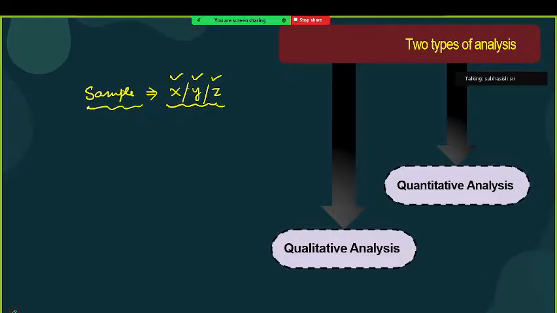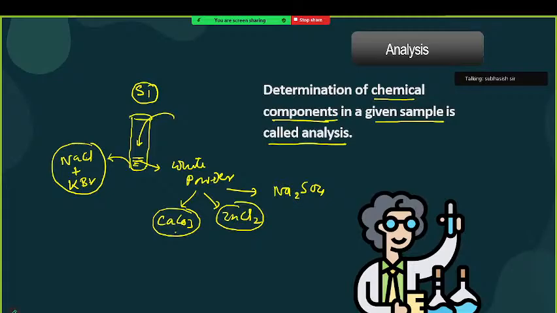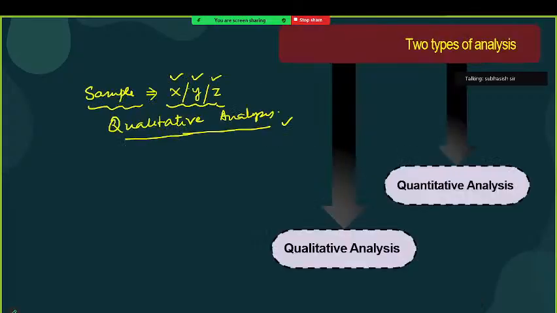That type of analysis is known as qualitative analysis. Where you are given an unknown sample and have to identify its chemical components, like the white powder, that is qualitative analysis.